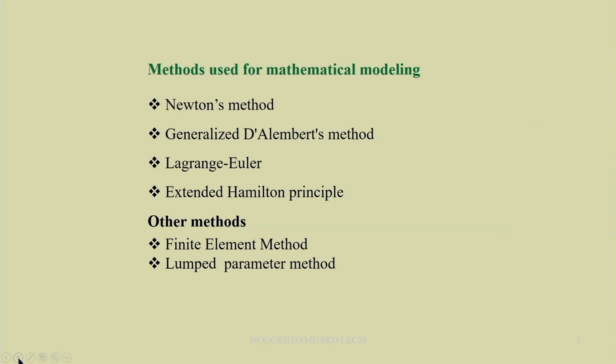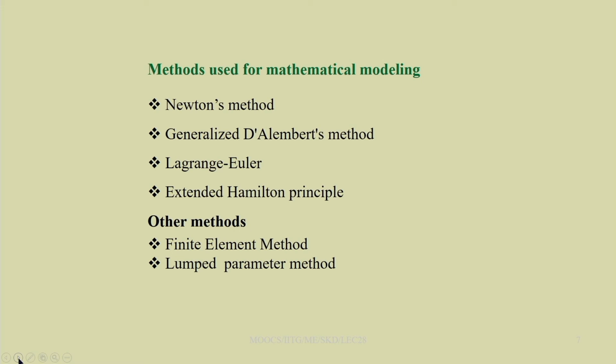In mathematical modeling, in our previous classes we know how we can use Newton's method, the generalized D'Alembert principle, the Lagrange-Euler formulation, extended Hamilton's principle, the finite element method, and lumped parameter models.